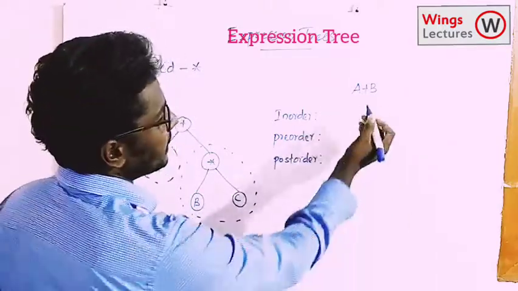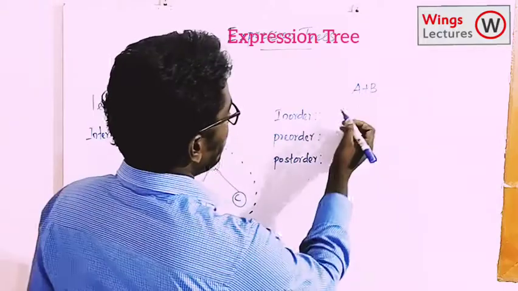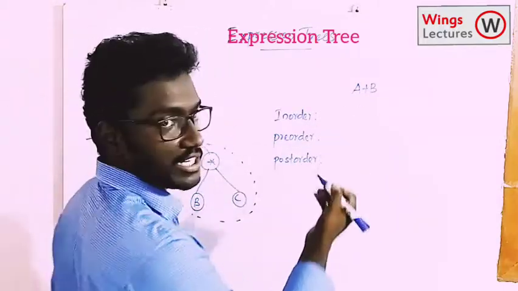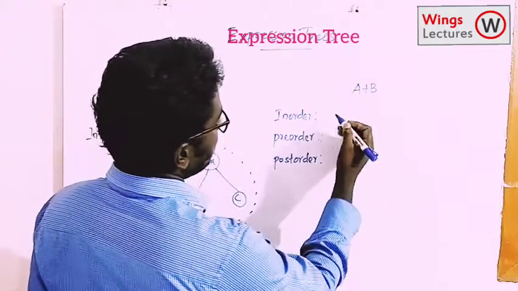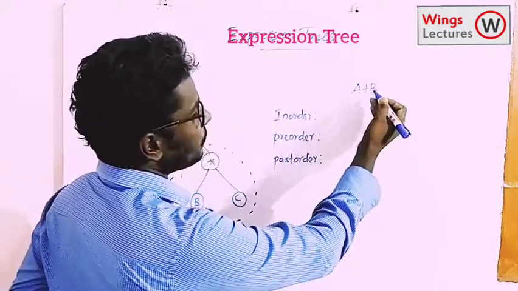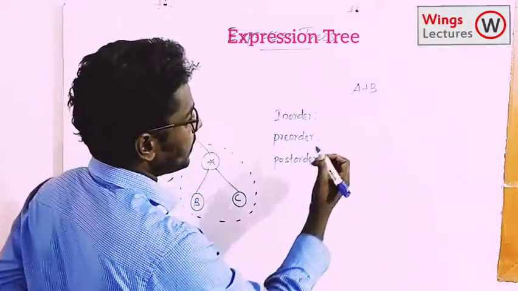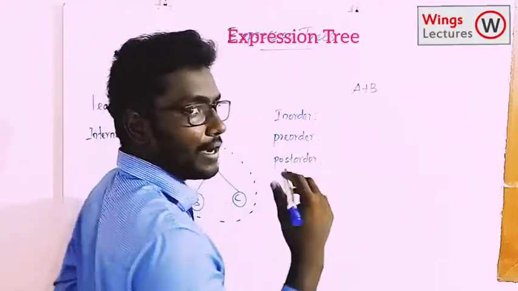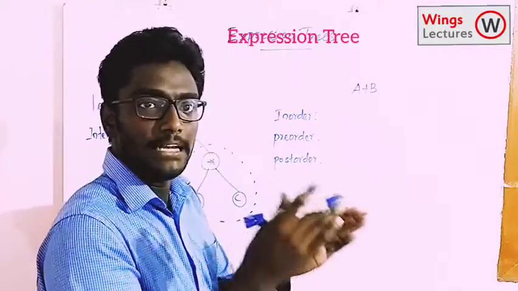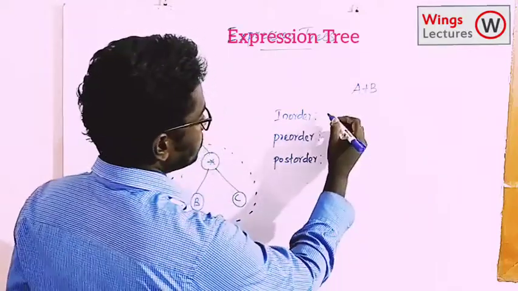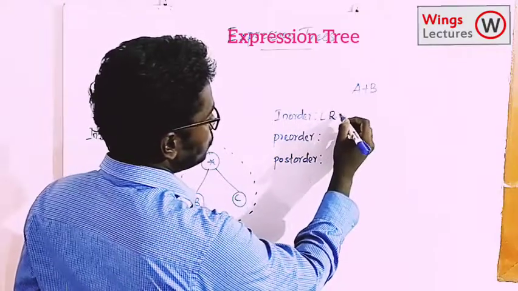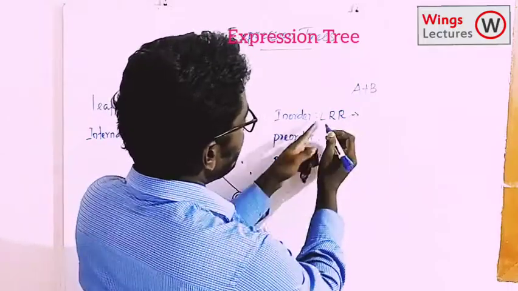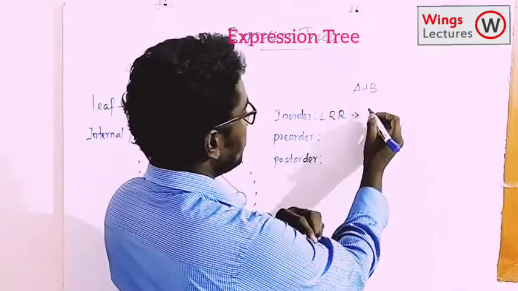Okay, so let me explain. Here there is an expression, and how do we convert this expression into the three traversal methods? For converting this A plus B expression into inorder, we all know that inorder means the root should be in the middle. So left, root and right. What will be the left one?